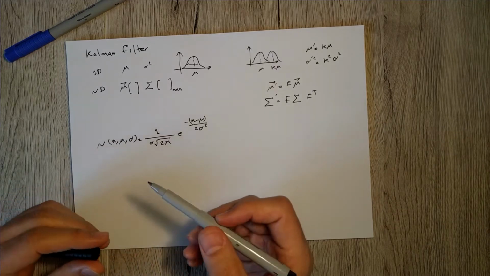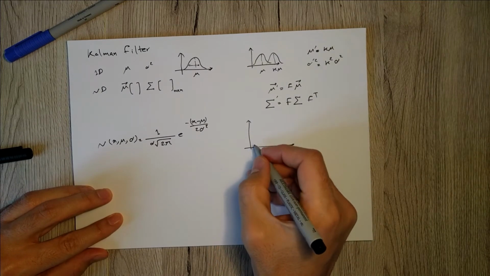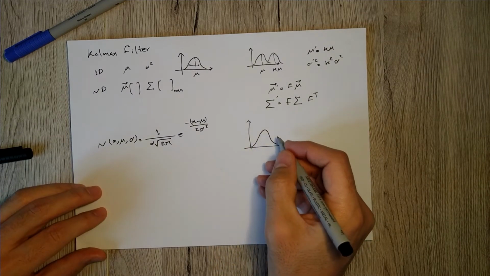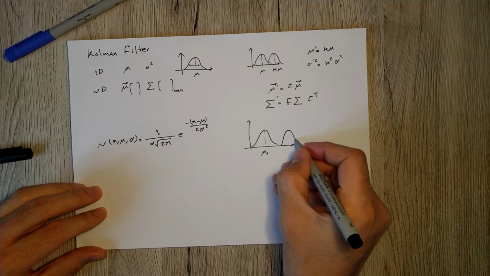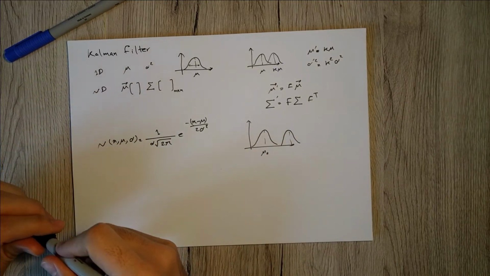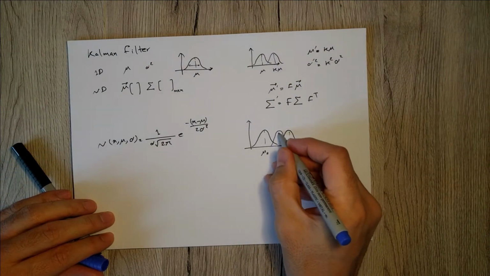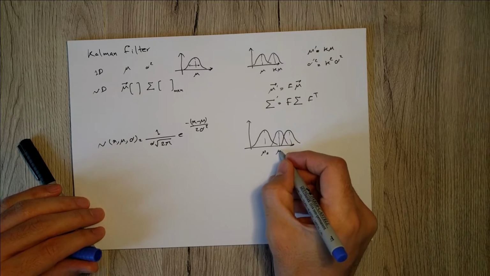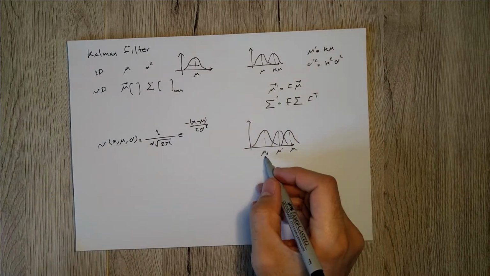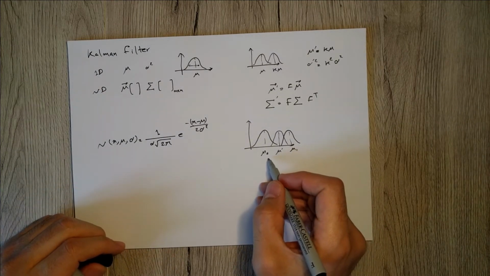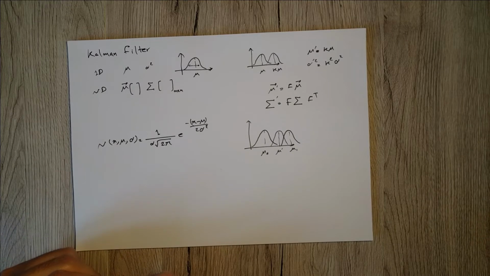So if you have one belief, which is something like this, and this is mu 0, and another one which is something like this, then you're probably here. So this could be two different measurements, or this could be something coming from your model and the other one coming from your measurements.